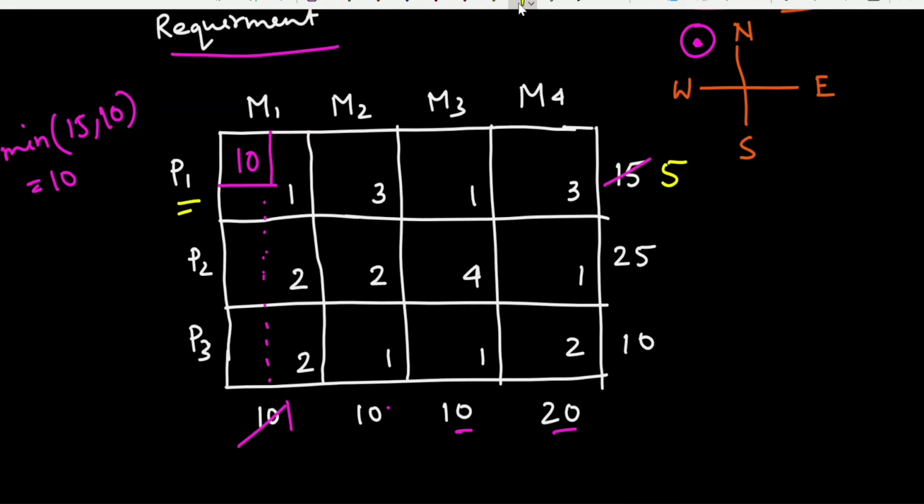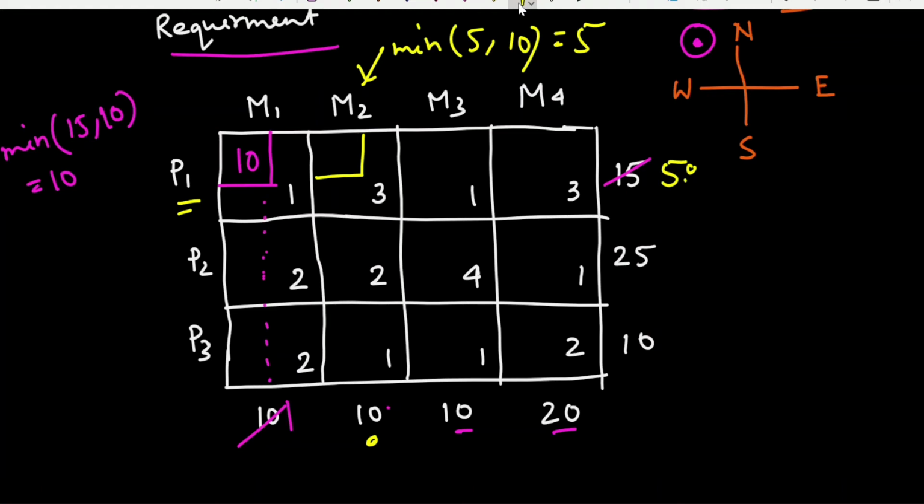Now we allocate this cell, the next leftmost and uppermost cell. We allocate the minimum of requirement and availability. Availability is 5 and requirement is 10 units, so the minimum is 5.